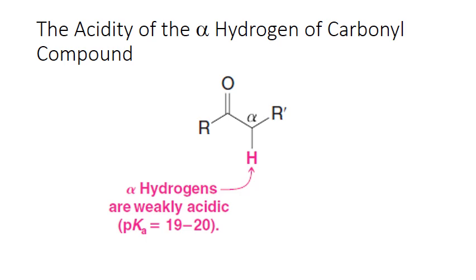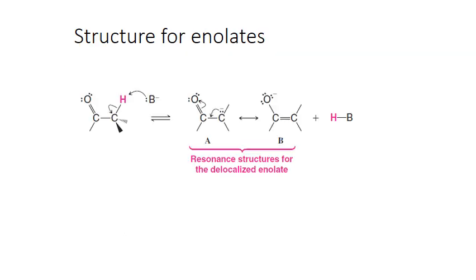This acidity can be explained as follows. When a proton is abstracted from the alpha carbon, the carbanion formed, called enolate, is stabilized by accommodation of the negative charge on the oxygen.